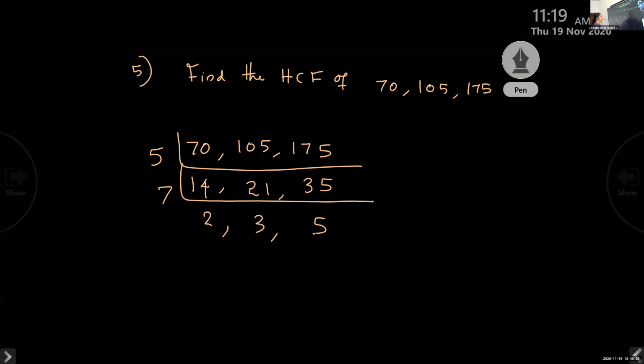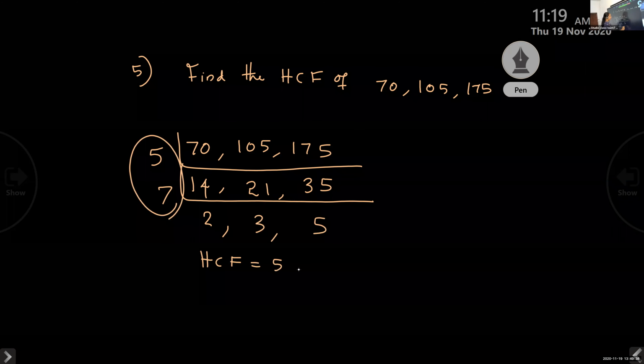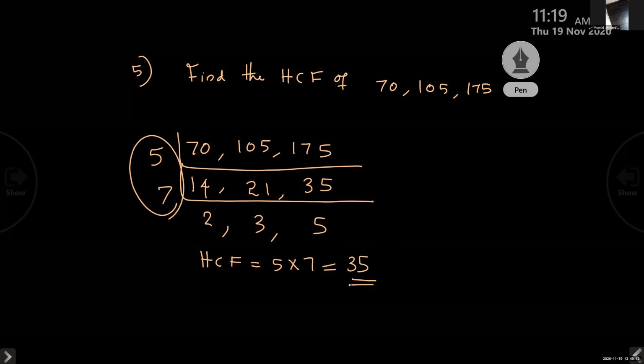Okay. Only this much. Finished. HCF is 5 into 7 equal to 35.